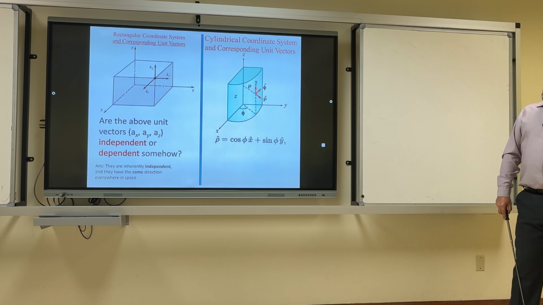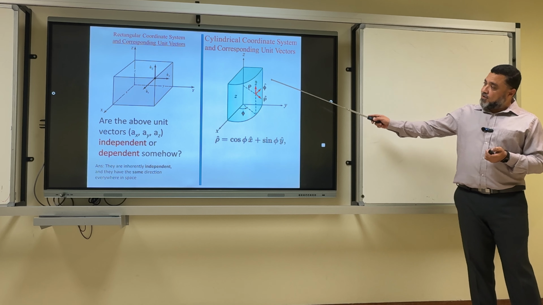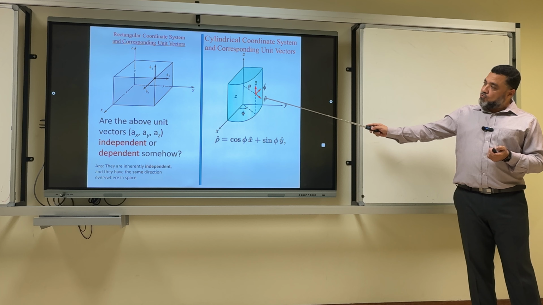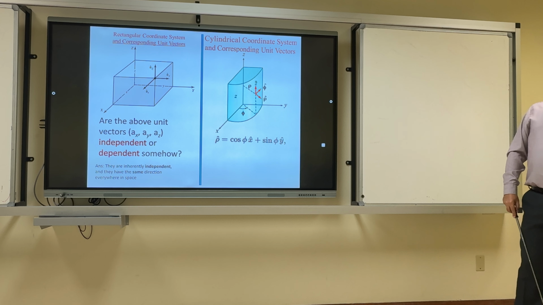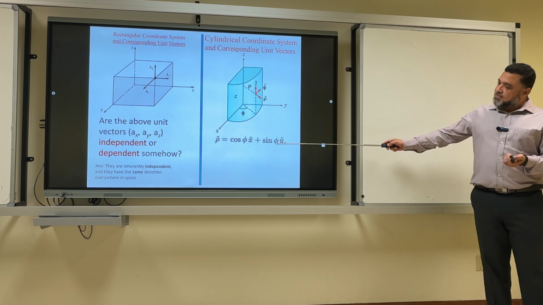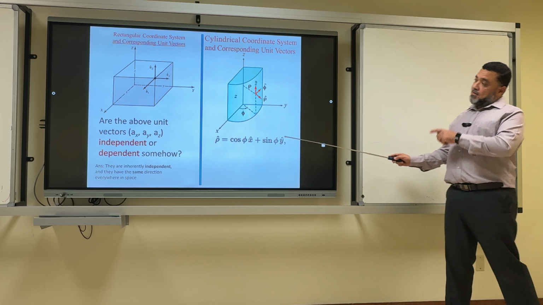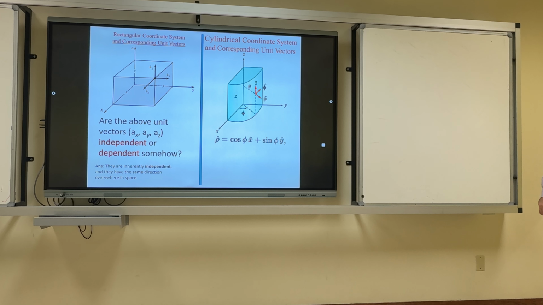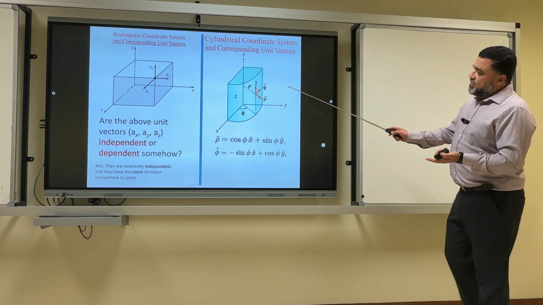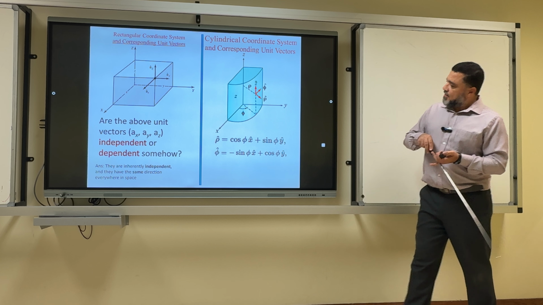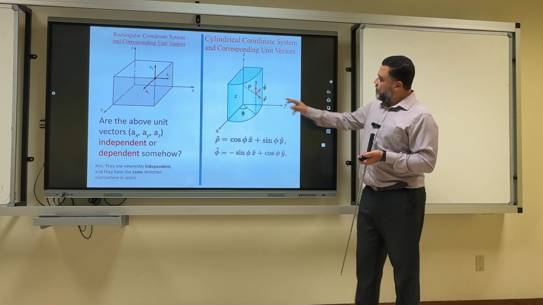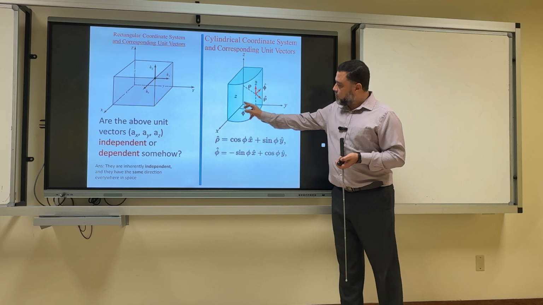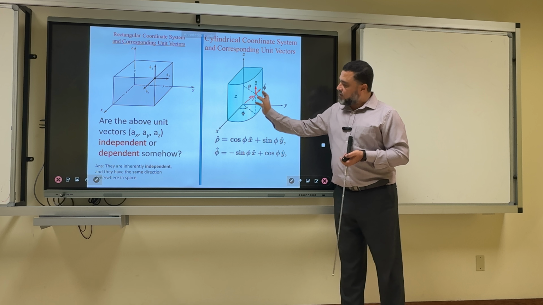What about the unit vector along phi, a_phi? Is it dependent on rho, phi, z? Look at a_phi. Is there an equation like this that relates a_phi to the coordinate system? If you take a_phi here, and assume that the same direction a_phi can be taken here, it would be the same. You know the vector can move anywhere.